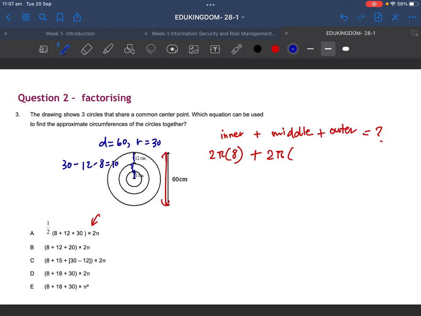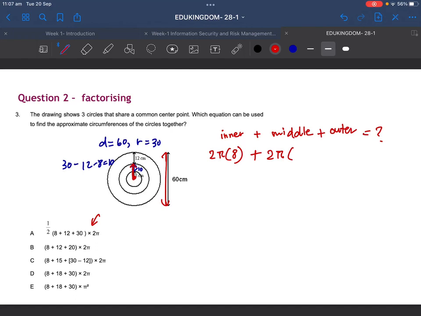Okay? So we've worked out the fact that this length is 10. But can we use that for our radius in the middle? No. Why? Because remember, guys, radius is always the distance from the center of the circle to the outer edge. What does that mean?